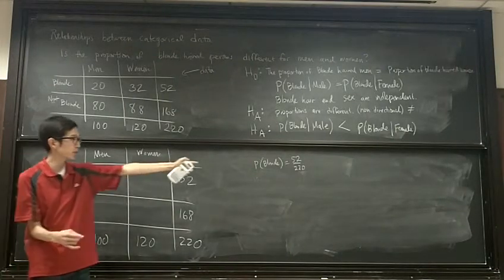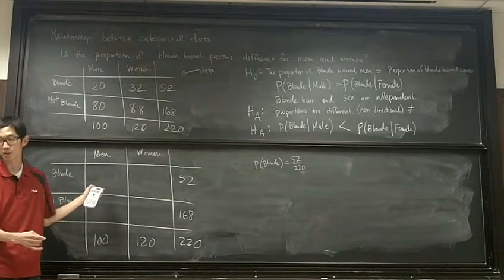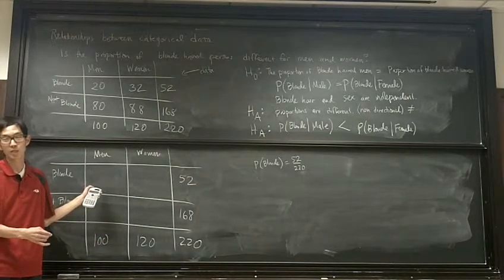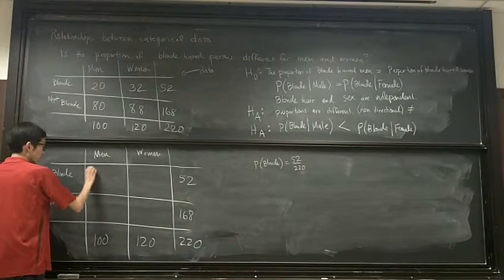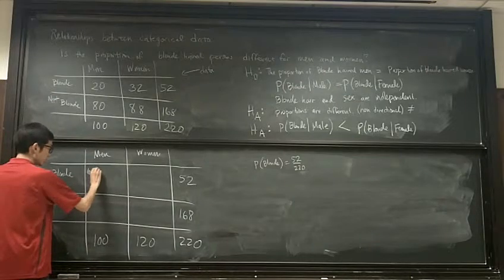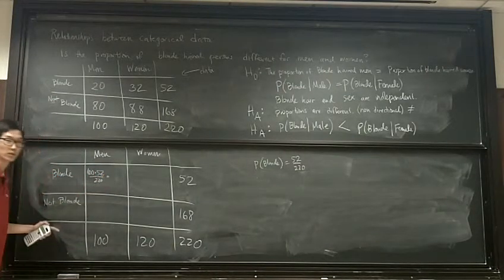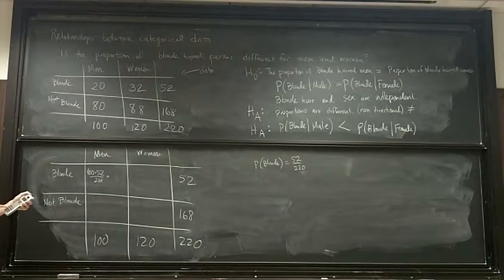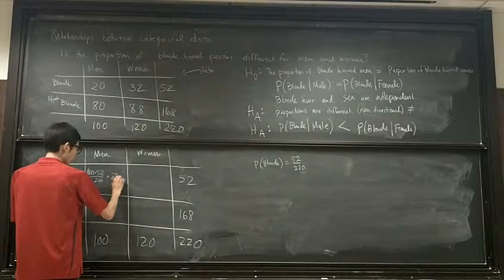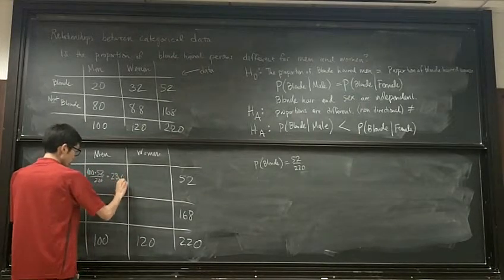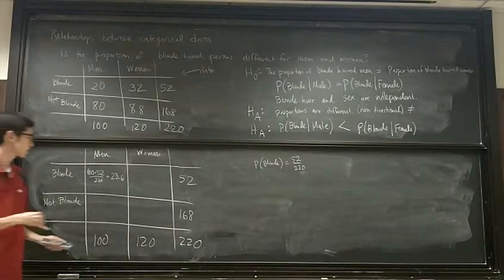So I would just take this proportion and multiply it by 100 to get the number of blonde-haired males that I'm expecting. So I would just do 100 times 52 over 220, and I get 23.6.